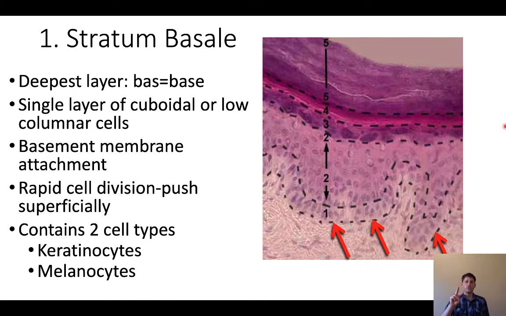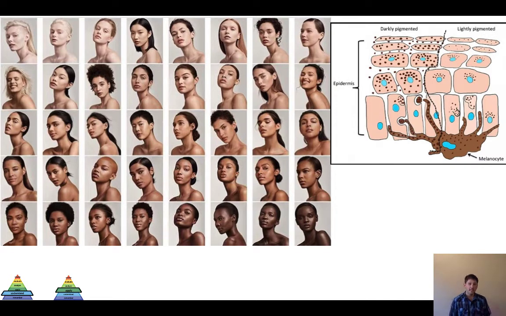All right, now, there are 2 types of cells that we see in that stratum basale layer: the keratinocytes and melanocytes. Melanocytes are the cells in the basale layer that give us our pigment. And over here to your left, you can see this really great image of all the diversity of colorations that our skin has. It's so great, right?